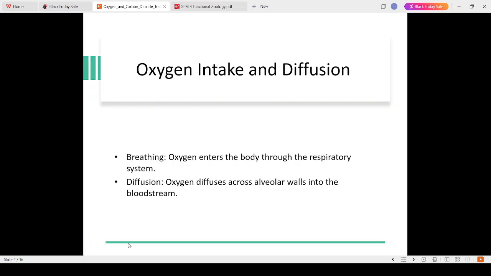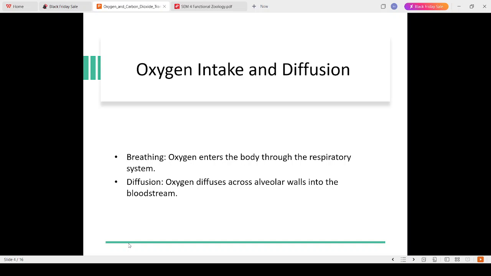Coming to the first step, oxygen intake. We already know that breathing is the process by which we are taking oxygen into our body. When we are breathing, through our nose the gas will be entering into the lungs, and there are different reasons for that.